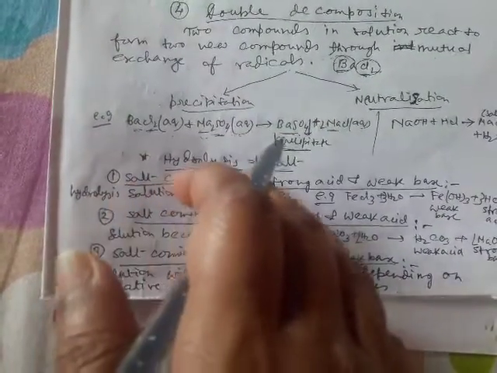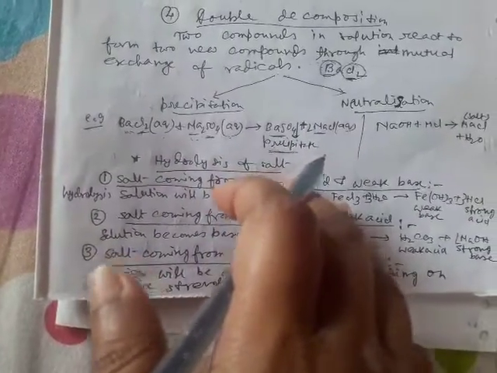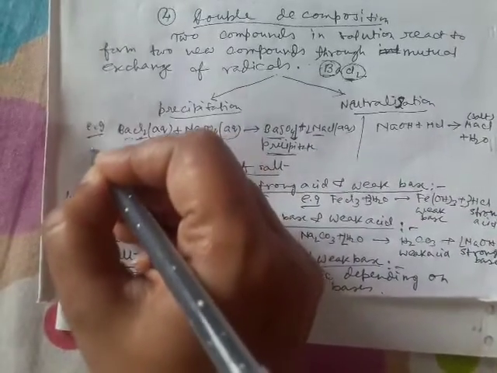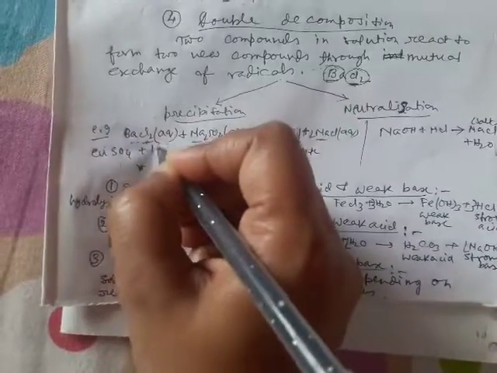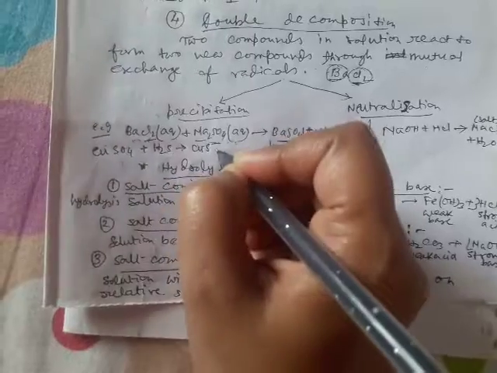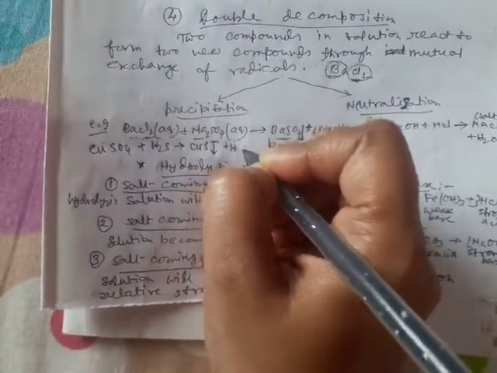There are other types of precipitation reactions also. For example, when copper sulfate reacts with H2S gas, there will be formation of copper sulfide, a black precipitate, and sulfuric acid.